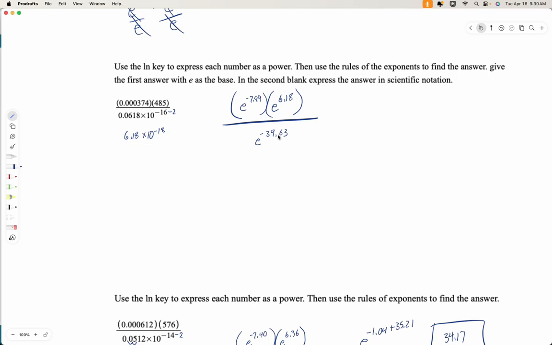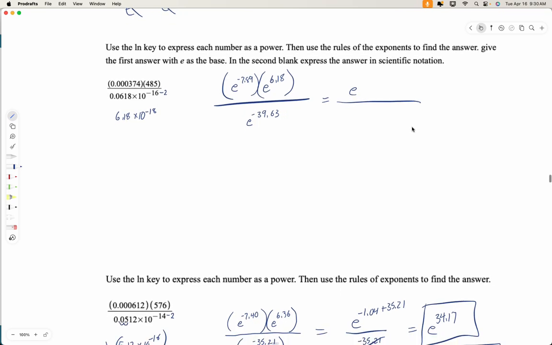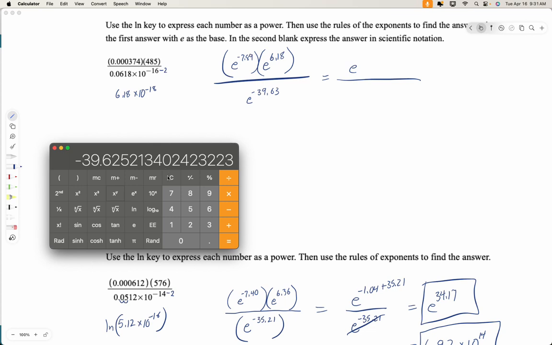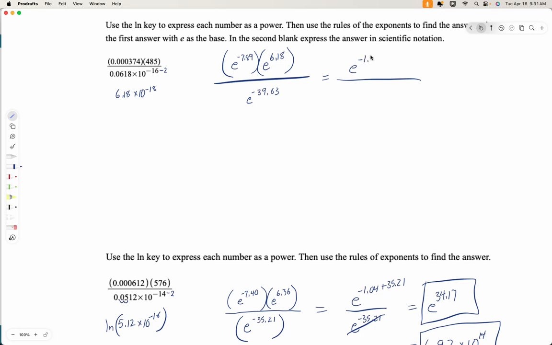So now we're just going to add these together, because when multiplying the same base, you add the exponents. So that's going to equal e to the... Let me do some calculations here on my calculator. That's what the calculator's for. Negative 7.89 plus 6.18 is negative 1.71.